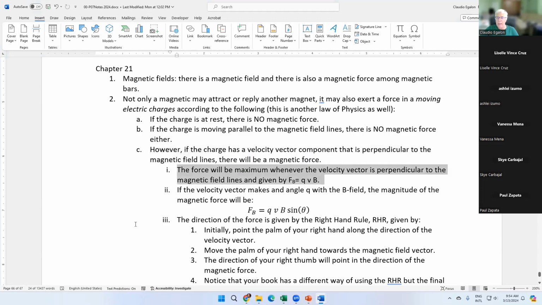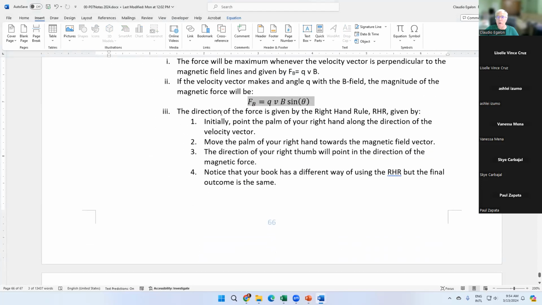The force will be maximum whenever the velocity vector is perpendicular to the magnetic field lines. The generic expression is QVB times sine of theta. When theta is equal to 0, the force is equal to 0. When theta is equal to 90 degrees, the force is maximum, QVB. And the direction of the force is given by the right-hand rule.